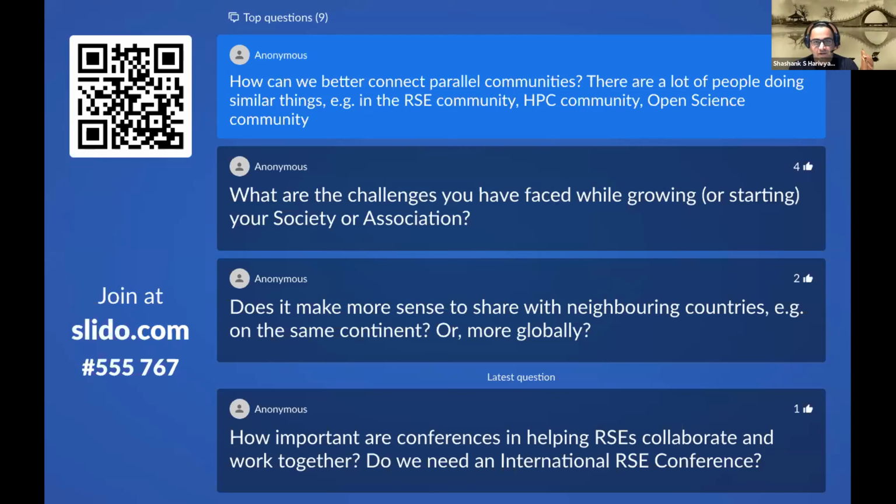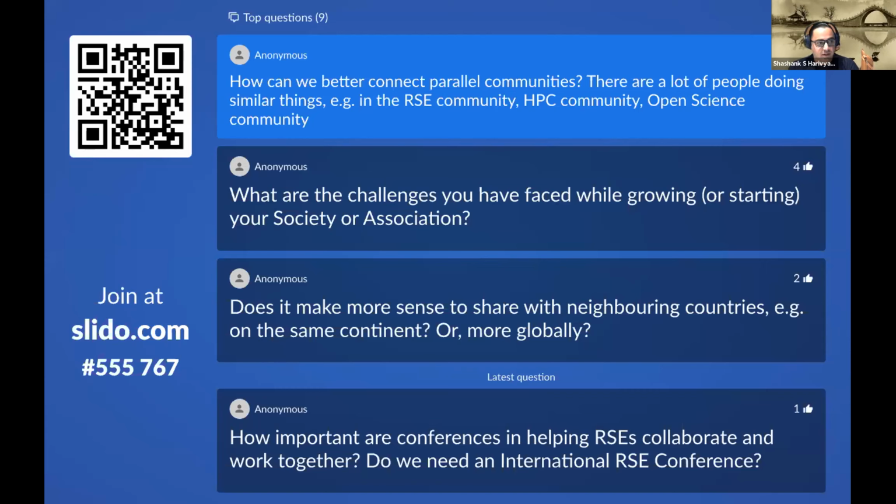So if I have to summarize, I would say that the challenge is to get the word out, in terms of advertising, that we are RSEs and that this is a concept that exists. And if you know about it, maybe you would also self-identify as an RSE, and then you are welcome to participate and further the cause.